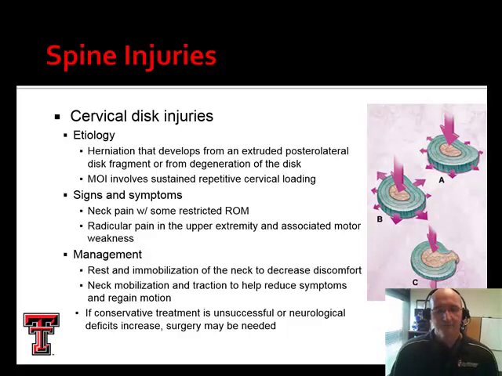So lots of times with this we want to reduce the amount of impact loading that they're having. We want to keep them out of terminal flexion or extension, because those increase the interdiscal pressure and increase the risk that we are protruding that nucleus out.